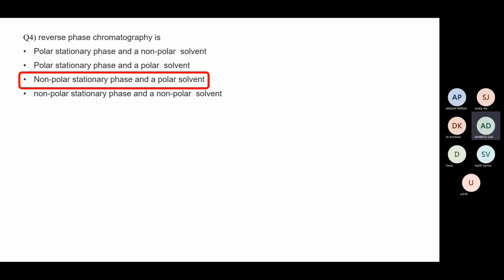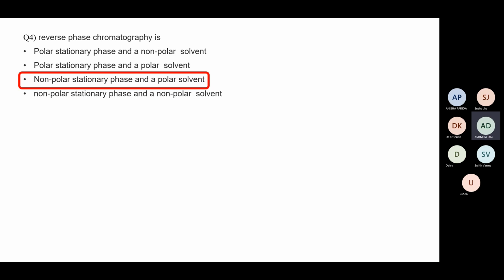Whereas in the case of reverse phase chromatography, the situation changes: the mobile phase is the polar solvent, and the stationary phase is non-polar. When different constituents pass through, the hydrophobic content tries to interact with the stationary phase via hydrophobic interaction, whereas the polar material passes through the column and is eluted fast.